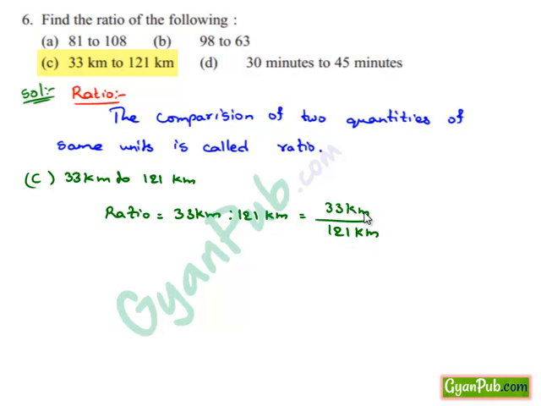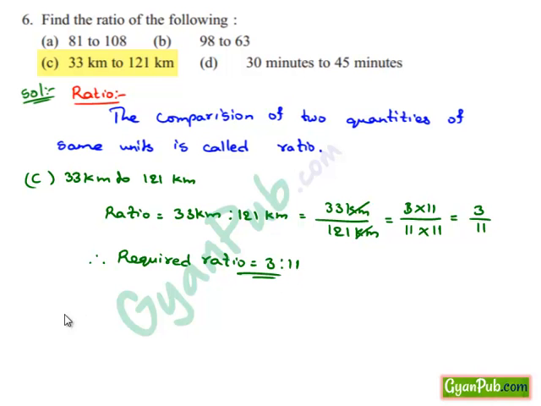Here kilometer in the numerator and kilometer in the denominator get cancelled and 33 can be written as 3 times 11, 121 can be written as 11 times 11. This is equal to 3 upon 11, since 11 in the numerator and 11 in the denominator get cancelled. Therefore, required ratio is equal to 3 is to 11.